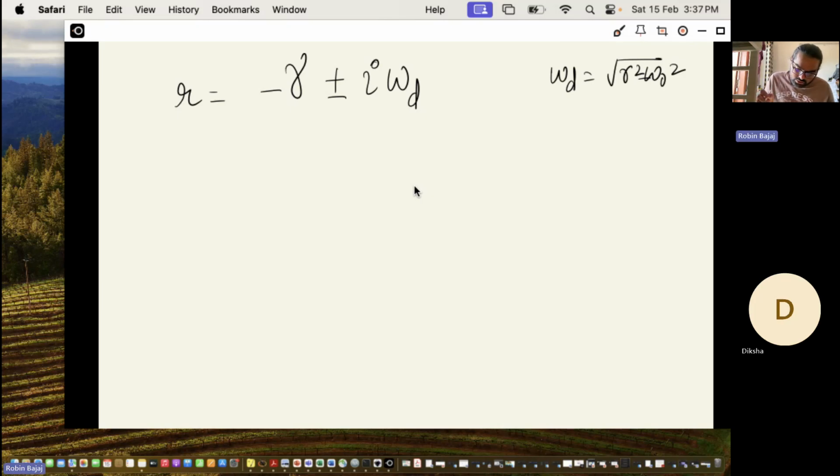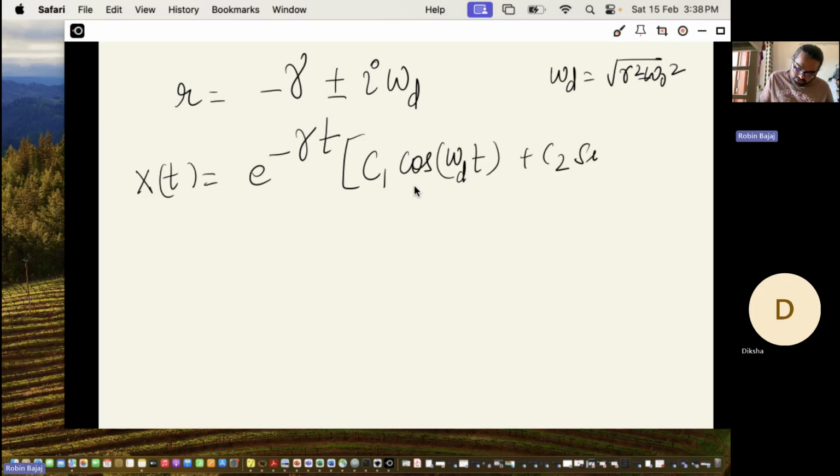So the solution would be x of t equals e to the power minus gamma t times c1 cos omega dt plus c2 sine omega dt. I hope this is clear, right?